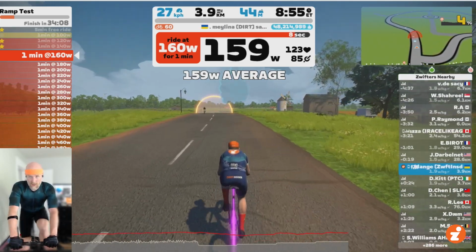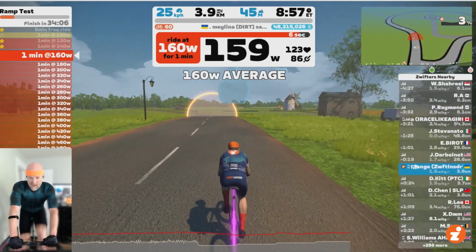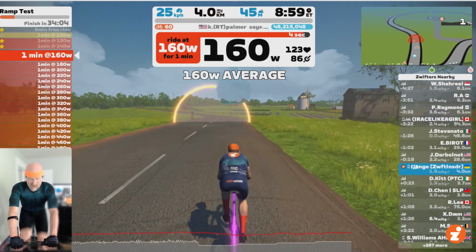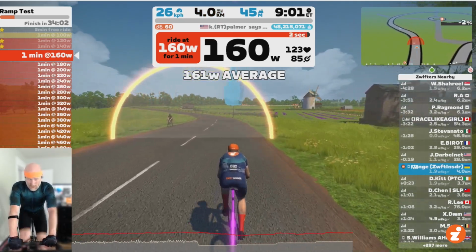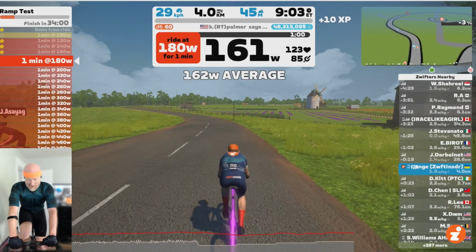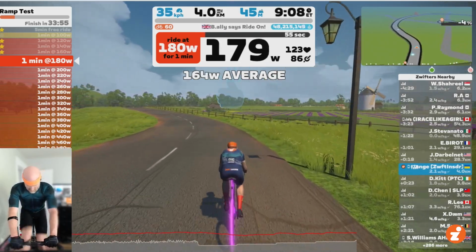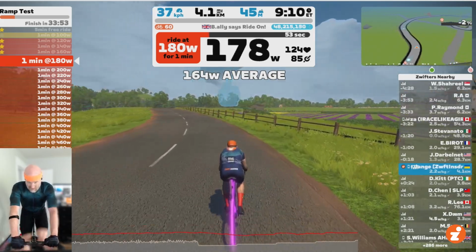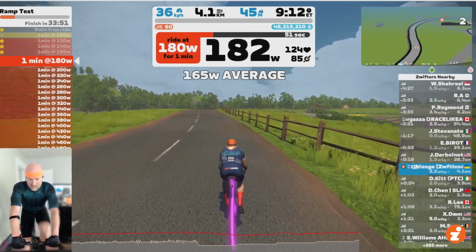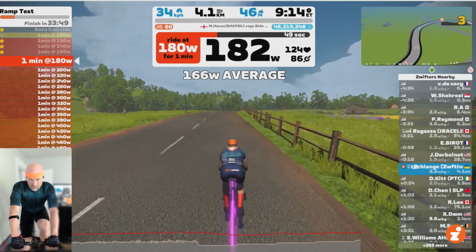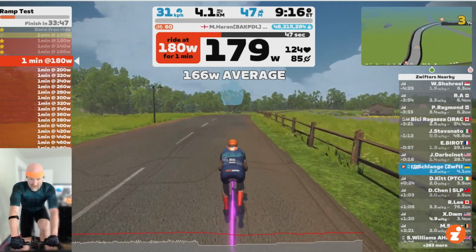That would at least show that I've gotten stronger in whatever type of fitness the ramp test tests, which is debatable. I don't think it's the most accurate way to test FTP, but it does test something. That's for sure.